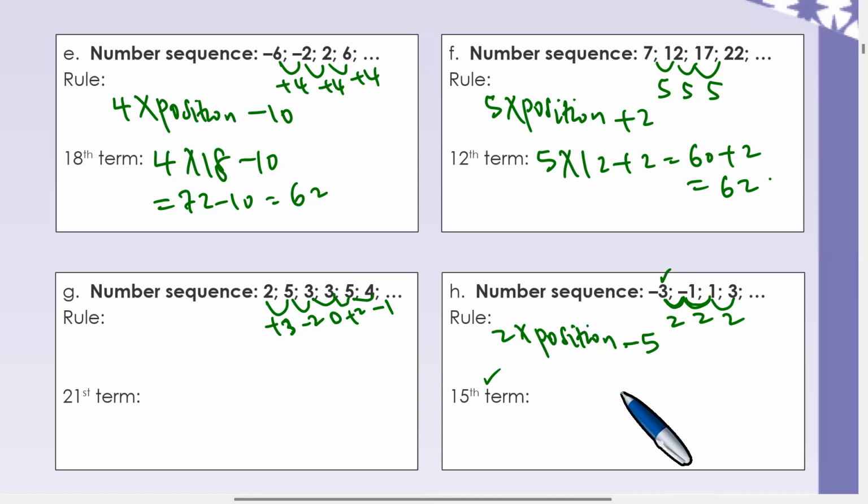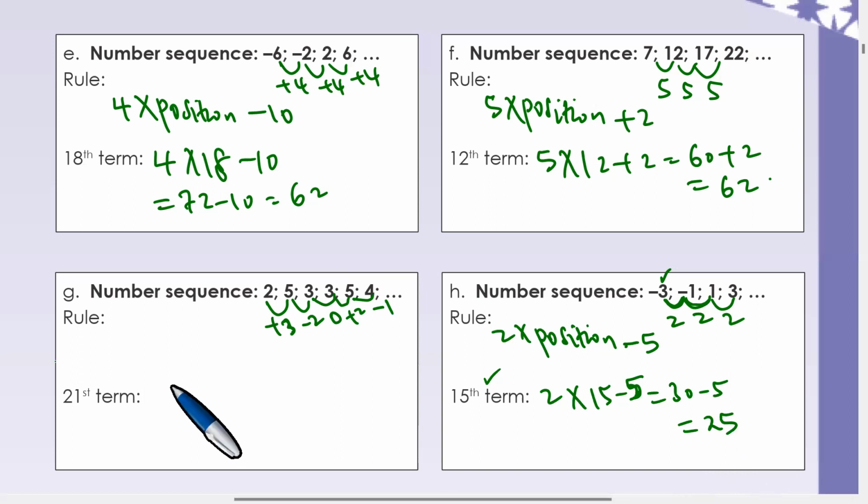The 15th term, you put 15 here. What is 2 times 15? It is 30, minus 5. 30 minus 5 is what? It's 25.